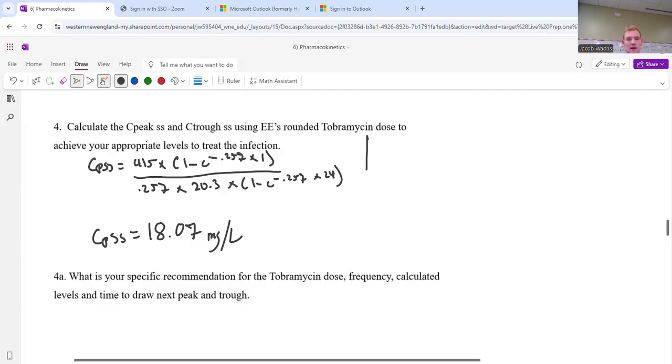Once we calculate C peak, we have to calculate C trough. C trough steady state is going to be 18.07 times e to the negative 0.257 times (tau minus time of infusion), so it's going to be 23.